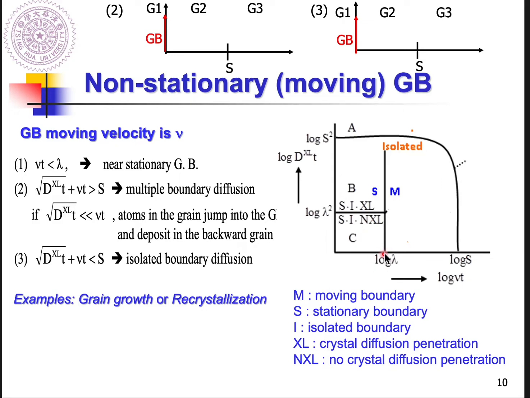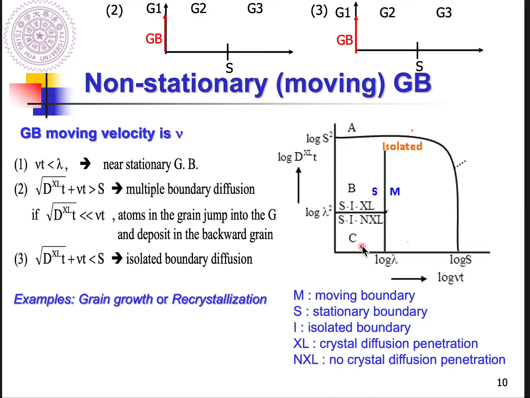Next, we are going to focus on Vt, the moving distance of the grain boundary. If Vt is smaller than lambda, what does that imply? The moving distance is smaller than several angstroms, which implies this region is a stationary grain boundary region.